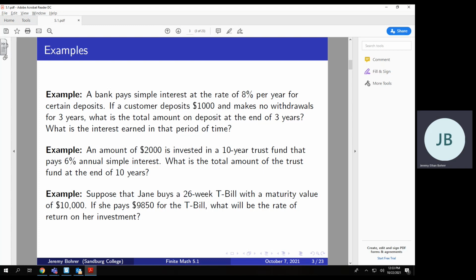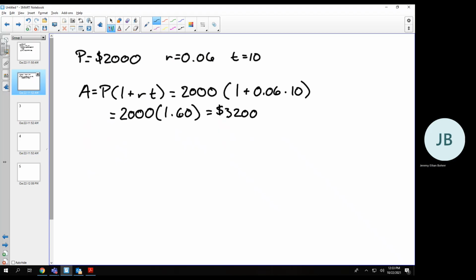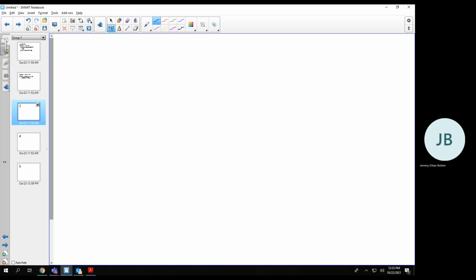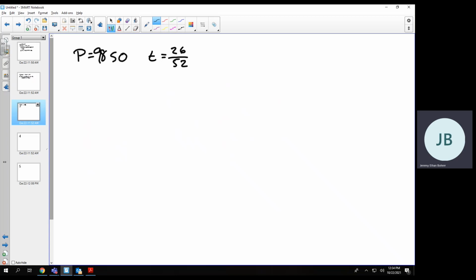Well, here we are given our principal is $9,850. Our time is 26 weeks over 52 weeks for a full year. So that's 1/2.